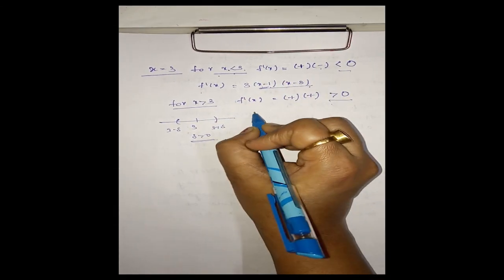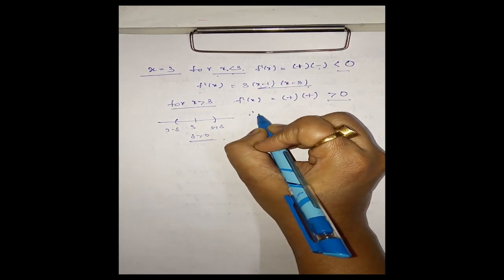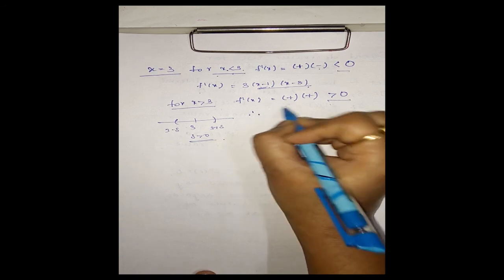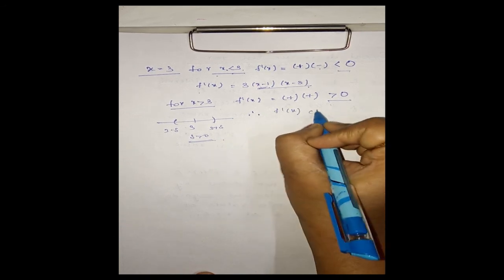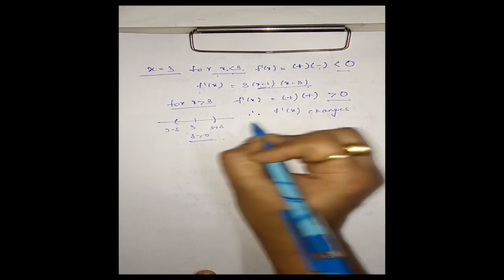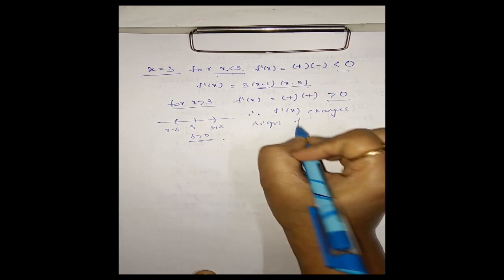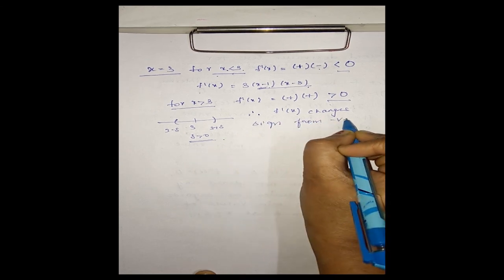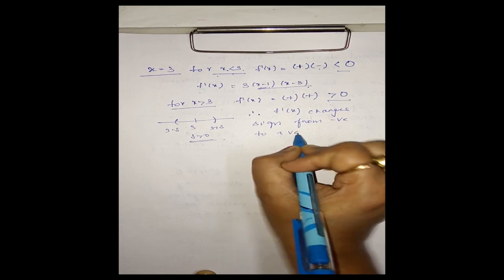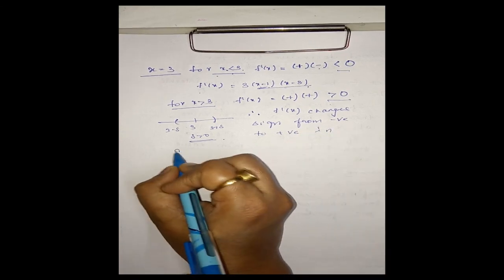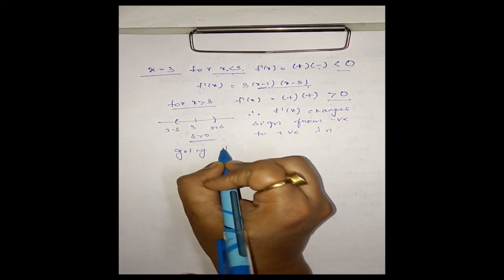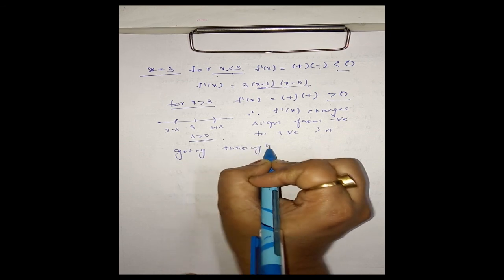That means therefore f dash x changes sign from negative to positive in going through x is equal to 3.